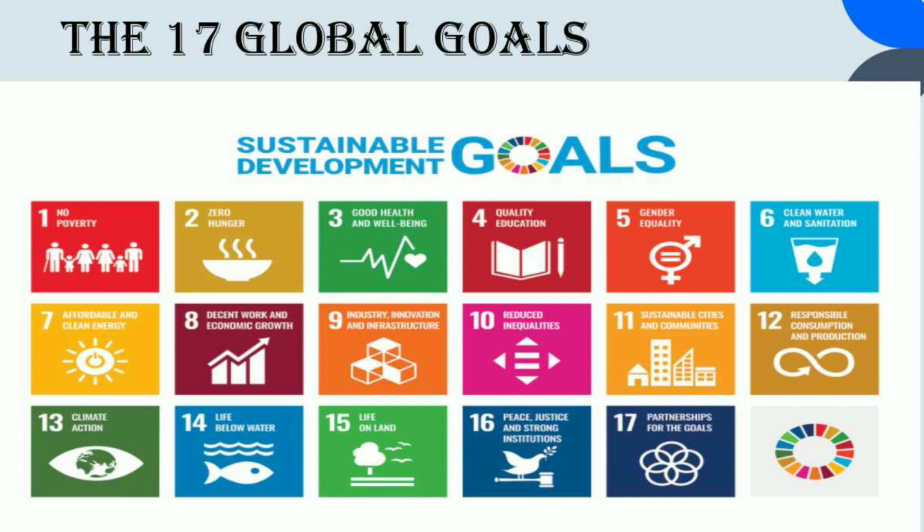First, no poverty, zero hunger, good health and well-being, quality education, gender equality, clean water and sanitation, affordable and clean energy, decent work and economic growth, industry, innovation, and infrastructure, reduced inequalities, sustainable cities and communities, responsible consumption and production, climate action, life below water, life on land, peace, justice, and strong institutions. And the last is partnership for the goals.